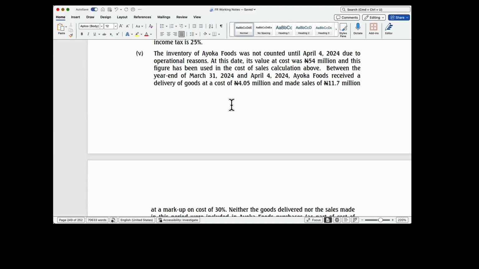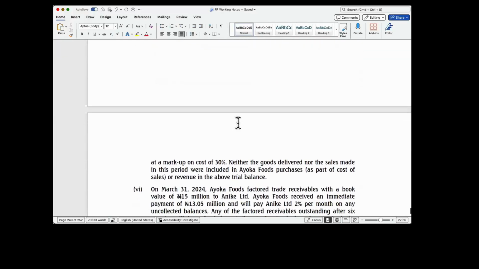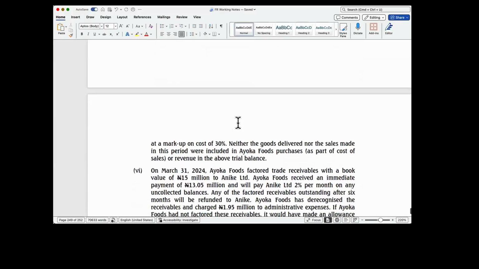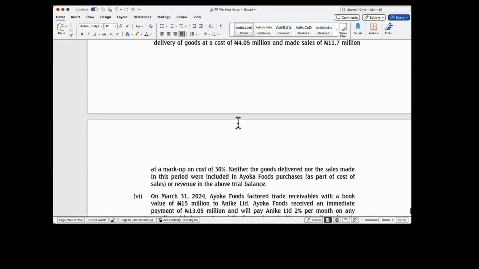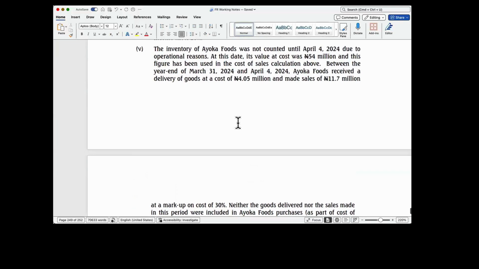Between the year end and April, Ayoka Foods received a delivery of goods at a cost of 4.05 million and made sales of 11.7 million at a markup on cost of 30%. Neither the goods delivered nor the sales made in this period were included in Ayoka Foods purchases as part of cost of sales or revenue in the above trial balance.